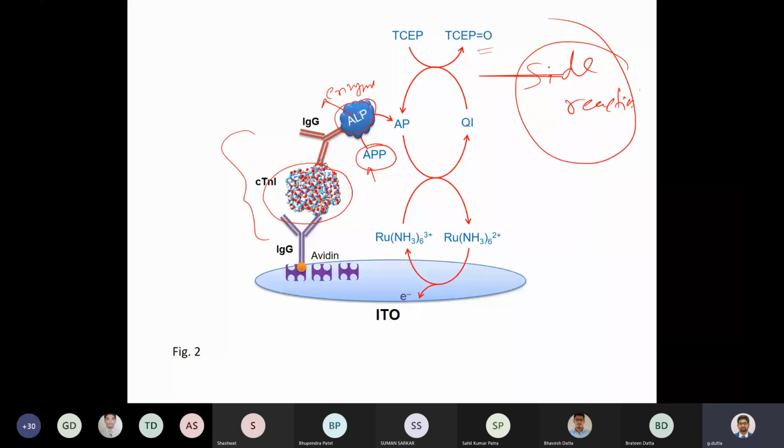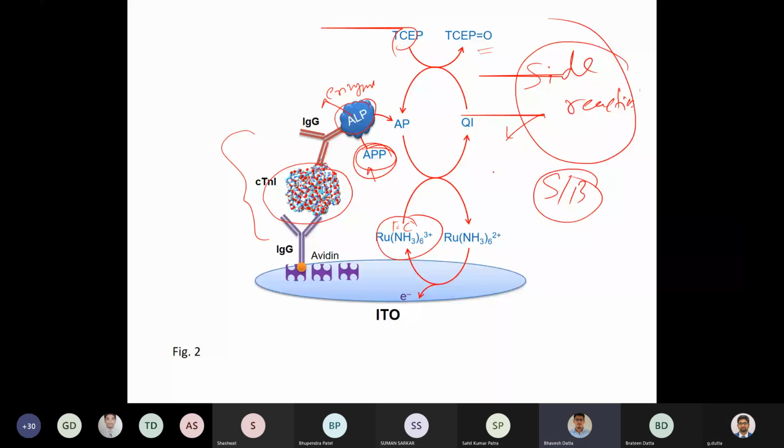So T-shape should not react with ruthenium 3+ or Fc+, and ALP should not react with other things. They should react only with these things. Then only will you get a high signal to background ratio. If there is any side reaction, it can cause high background. Clear? Yes, sir. So ALP is very specific for APP only. It will not catalyze any other reactions. Right.